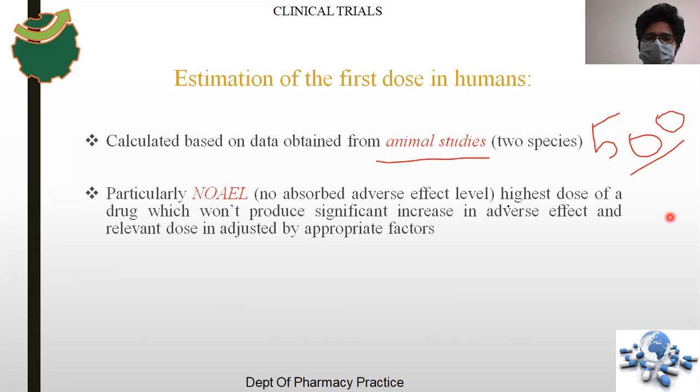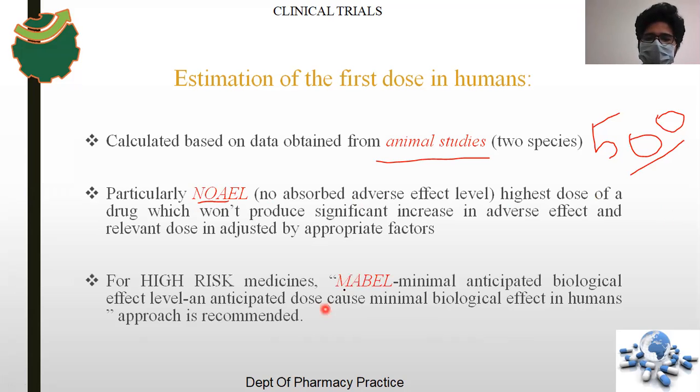We have the NOAEL approach and another one is the MABEL approach. What is NOAEL? The full form is no observed adverse effect level, meaning the highest dose of a drug which won't produce a significant increase in adverse effects, adjusted by the appropriate factors, right?